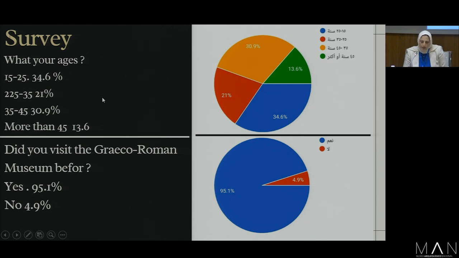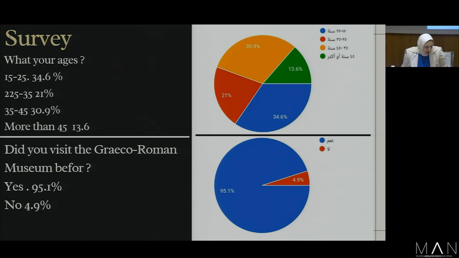We see the ages, almost all of them were from 15 to 25. And this specific age group didn't see the old museum, the old display, because the museum was closed for 18 years. So this is a new experience for them. They don't know anything about how these pieces were displayed.